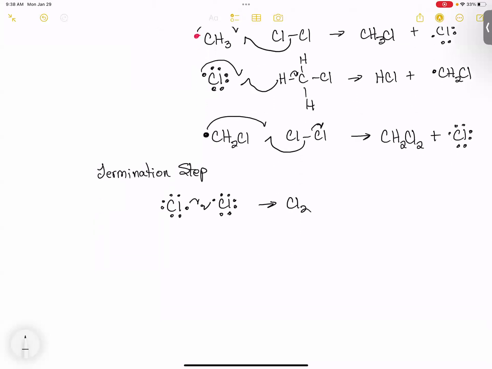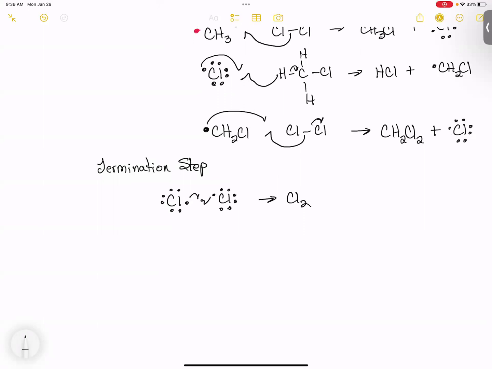Or you could have a chlorine free radical react with a CH3 free radical to make CH3Cl. Or you can have two CH3 free radicals react together to form CH3CH3 in this case.